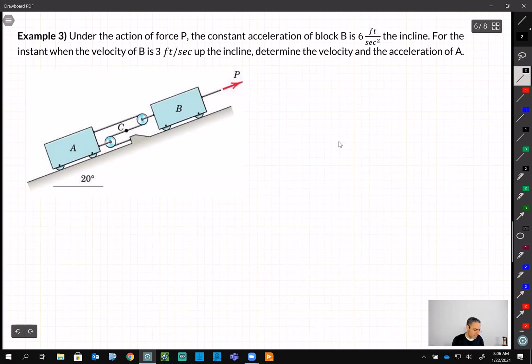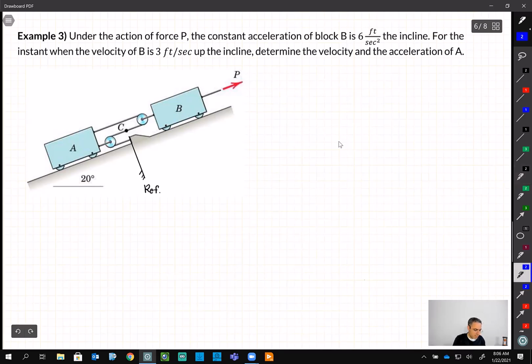First things first, we need to have a reference. So why don't I pick this line on the wall as my reference. This is basically the reference, and it's a fixed line. It doesn't move.